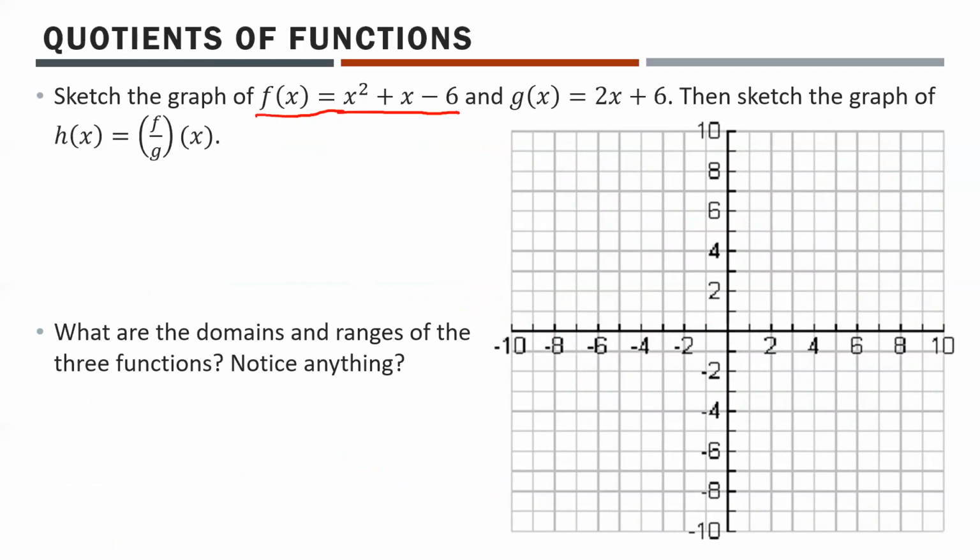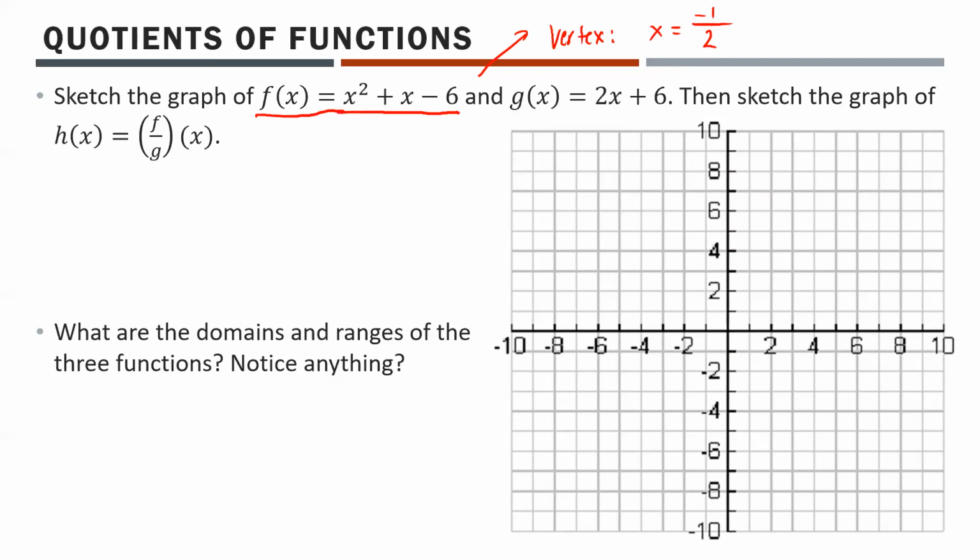X squared plus x minus 6, probably a good idea to find your vertex. So your vertex is going to be x equals -b, so -1, divided by 2 times a, so 2 times 1, which is 2. So in other words, -1/2, -0.5. If you plug that in there, I'm just going to do it real quick. -0.5 squared.